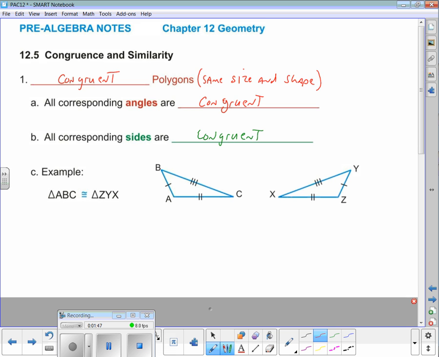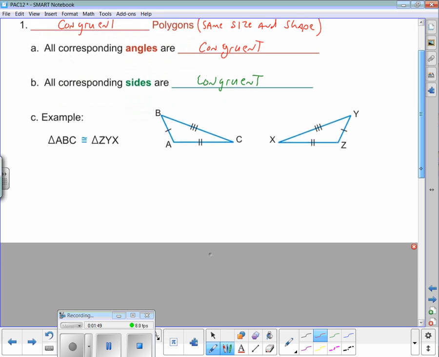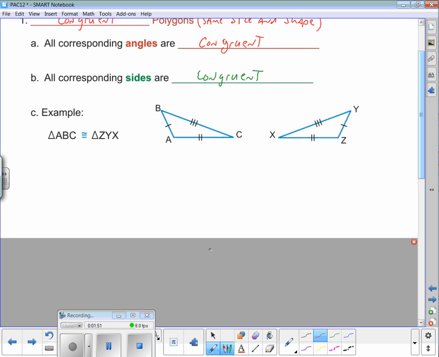All right, let's take a look at our example here. So here are two congruent triangles. These triangles are exactly the same size and the same shape, although they can be reflected or mirrored, and that's actually what's going on.